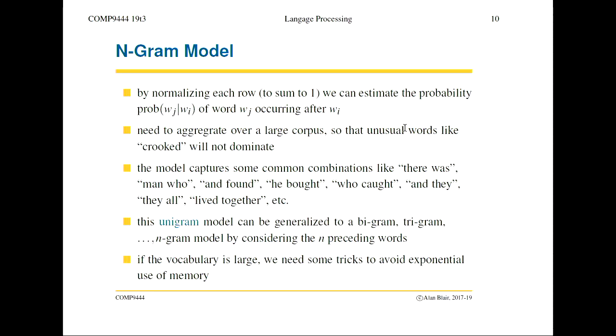Let's say we've got 60,000 words in the dictionary, numbered from 1 up to 60,000. Then we ask, if the previous word is W sub I, what's the probability that the next word is going to be W sub J? This gives us a very simple way of answering that question.